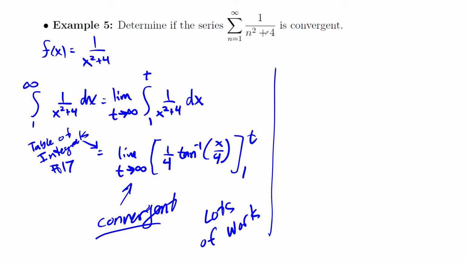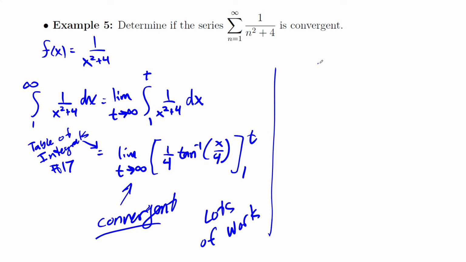When we worked with sequences, what we knew was that we could use the squeeze theorem to simplify our thinking. And if we could figure out that a particular sequence that was simpler converged, and we could put our sequence between two simpler ones that converged, then we knew that ours converged to the same thing, right? We can do the same thing here.